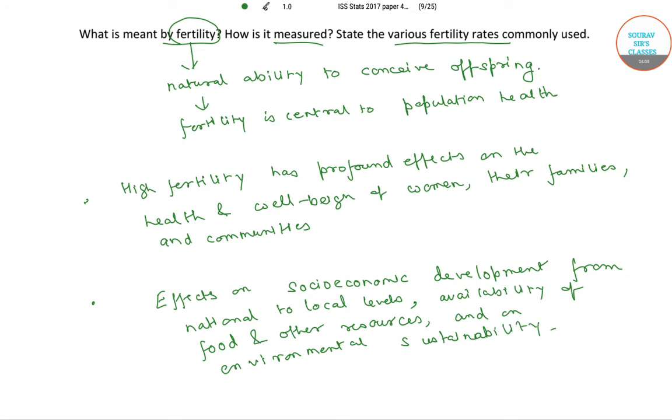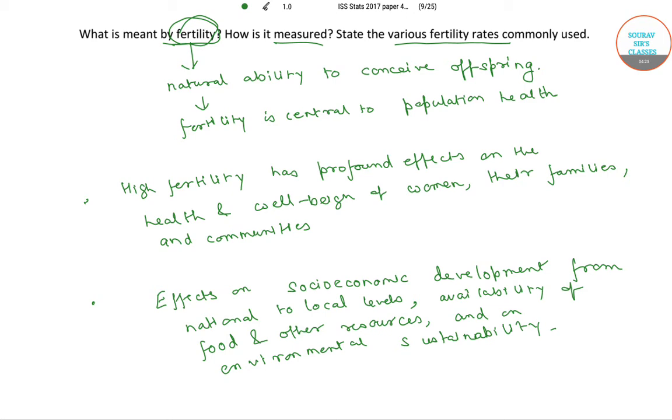So we can see that fertility, which means the natural ability to conceive offspring, acts as a central factor for population health, as it has a profound effect on the well-being of women, their families and communities.